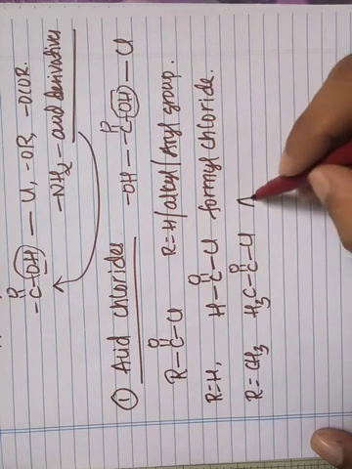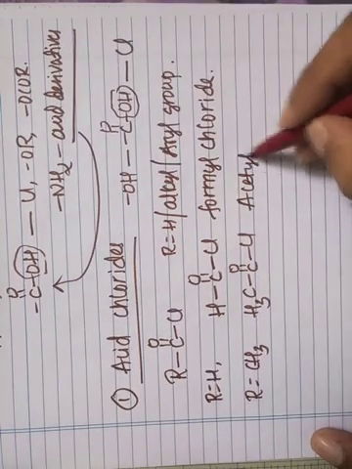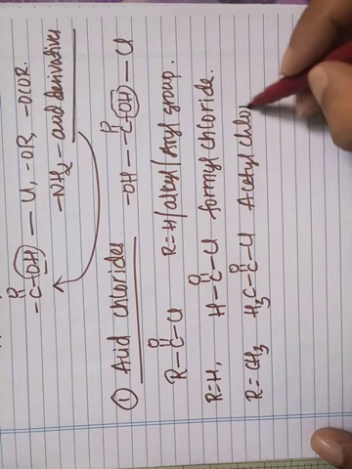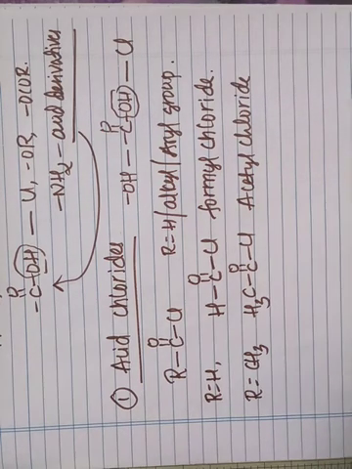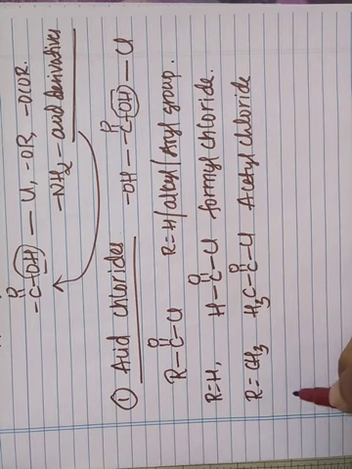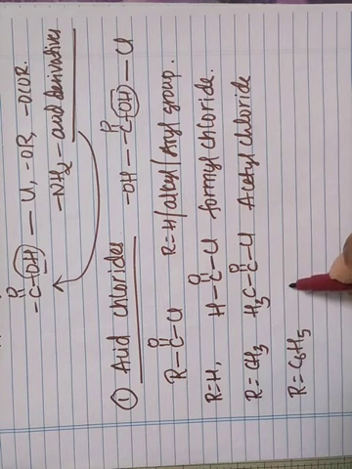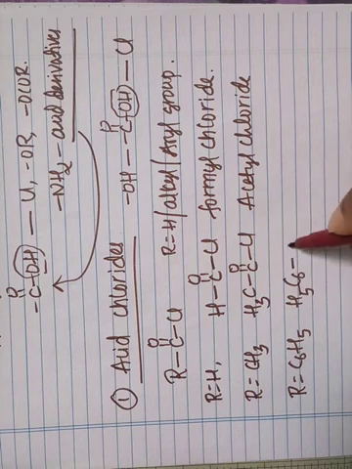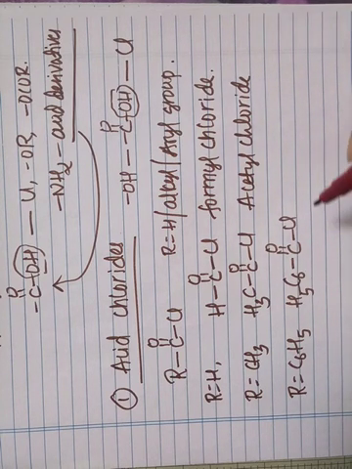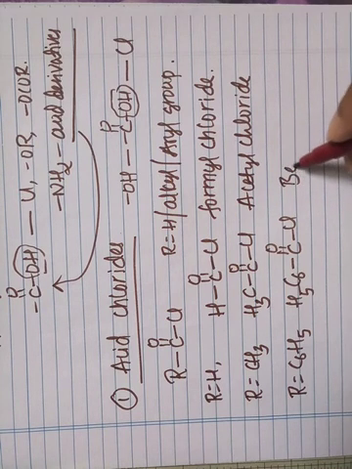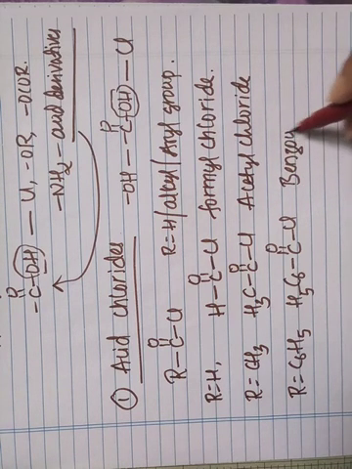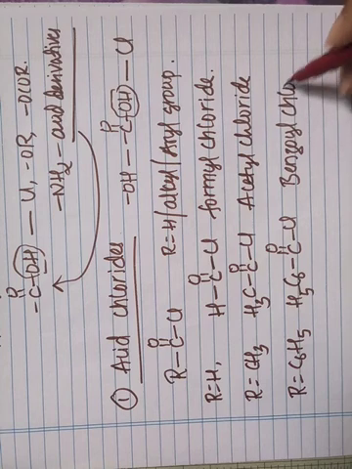This is acetyl chloride, commonly called acetyl chloride. If R is a phenyl group, that is C6H5COCl, this is called benzoyl chloride.